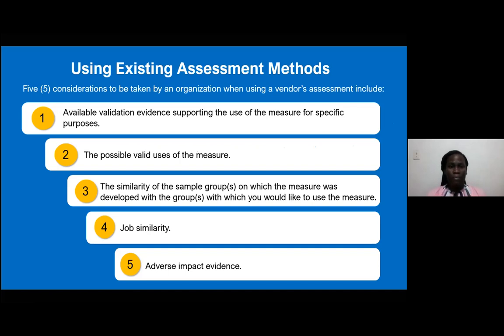So take, for example, the staff complement of your organization. So let's say I'm using an assessment tool that looks at academic staff, ancillary staff, technical staff, and administrative.